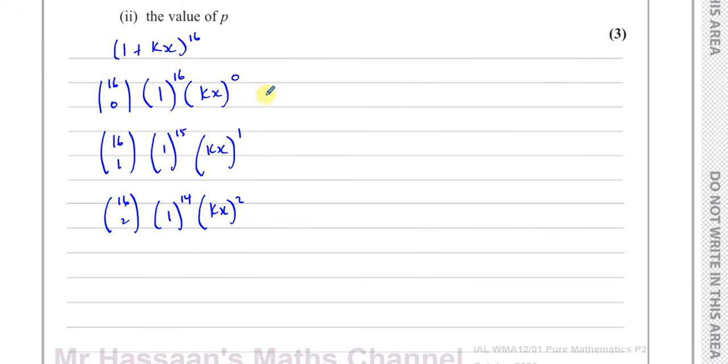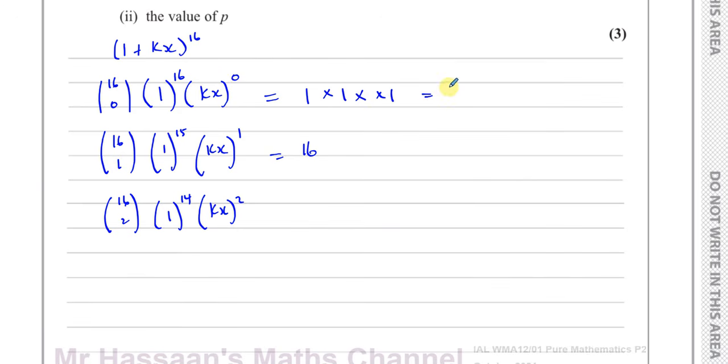All right, so now 16C0 is 1. Whenever you have something and 0 here, it's always going to be 1. And here 16C1 is going to be 16. Anything with a number here and a 1 here will always be the same as that number. And we know that 1 times 1 to the power of anything is 1, and anything to the power of 0 is also 1.